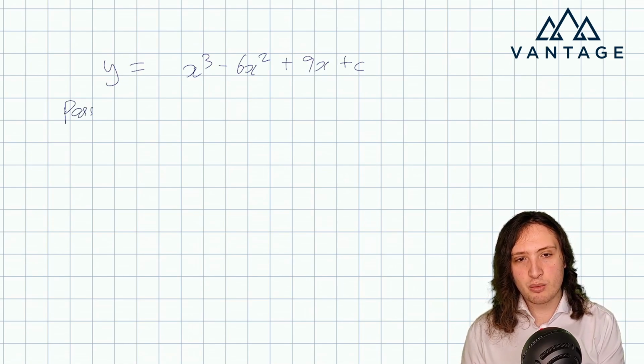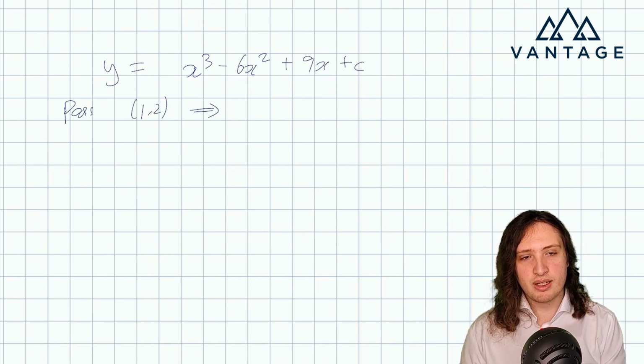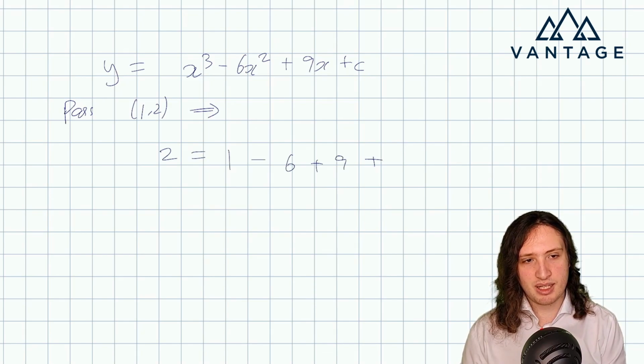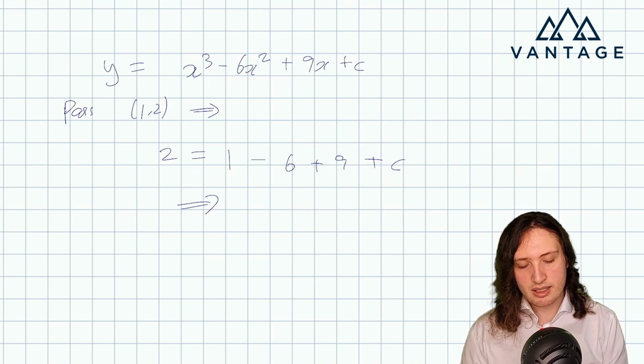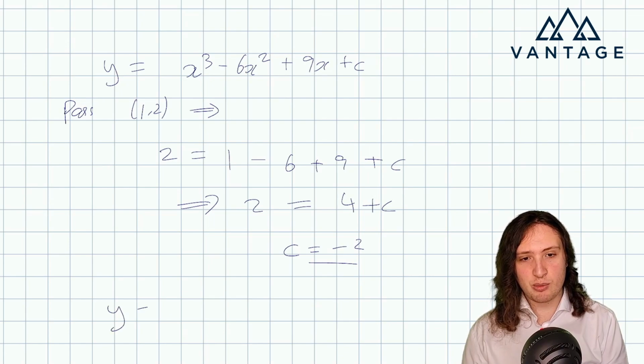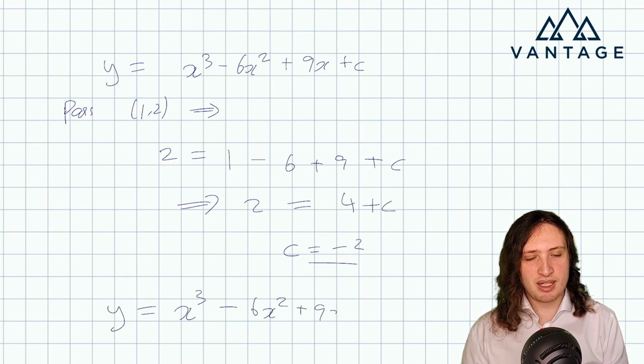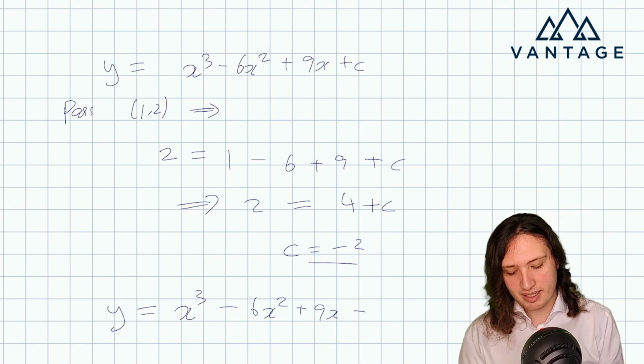So we know that we pass through 1, 2, and that tells us that 2 is equal to 1 minus 6 plus 9 plus c. So that tells us, 2 equals 4 plus c, so c is minus 2. So we've got our cubic precisely now. It's x cubed minus 6x squared plus 9x plus, minus in fact 2.